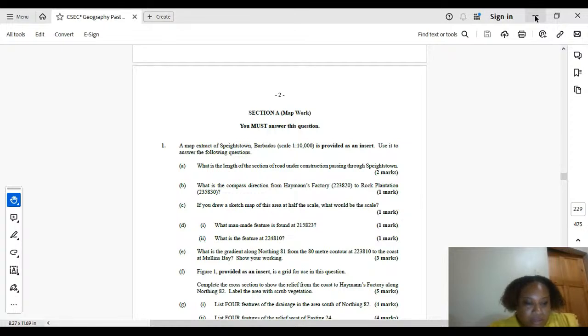So let's see if we can go through that map first. And I have a few questions that I can also answer from that map. So we should go through that.